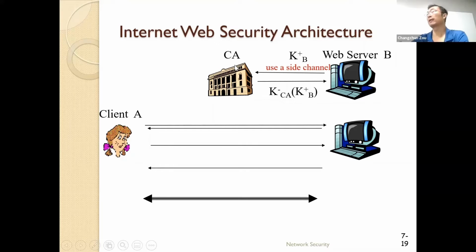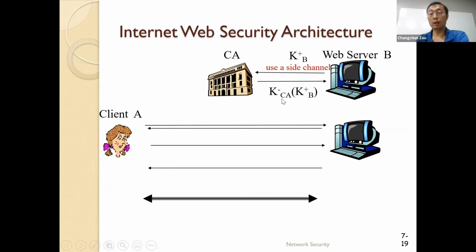There are many CAs on the internet, so you just communicate with one certificate authority. You use a side channel to present your public key to the CA. For example, you can physically send a person to the CA, or you can send a thumb drive or hard drive with KB+ to the certificate authority.